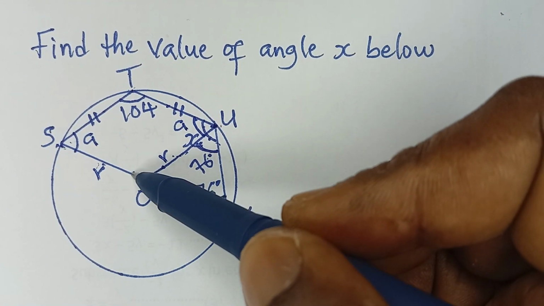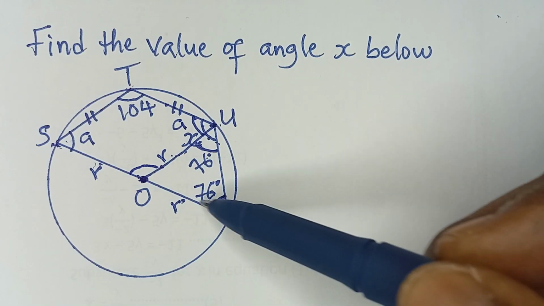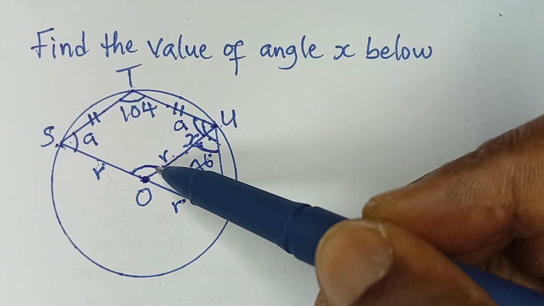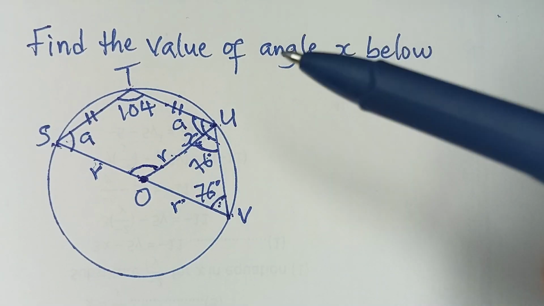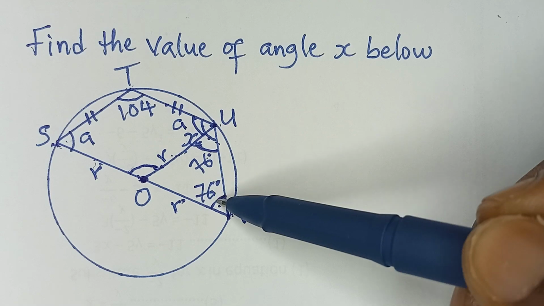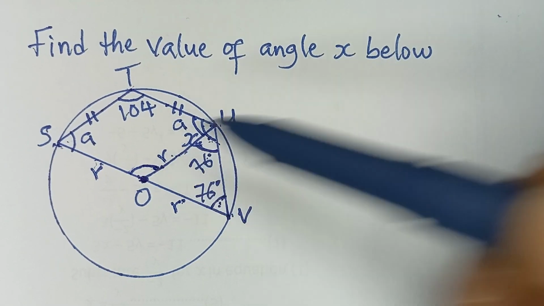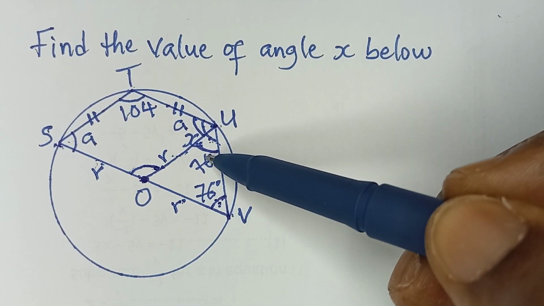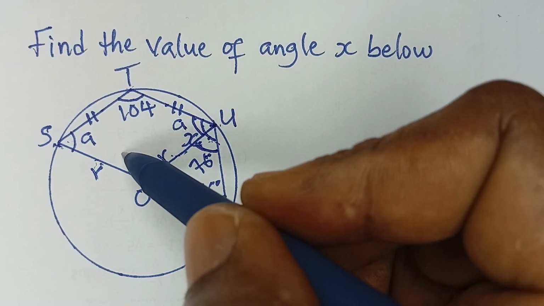So this exterior angle of the triangle, don't forget, once you have a triangle and you have one of the lines stretched outward to form an exterior angle, the exterior angle of the triangle is equal to the sum of the two opposite interior angles. So this exterior angle here will be equal to the sum of these two. So 76 plus 76 is going to give us 152.